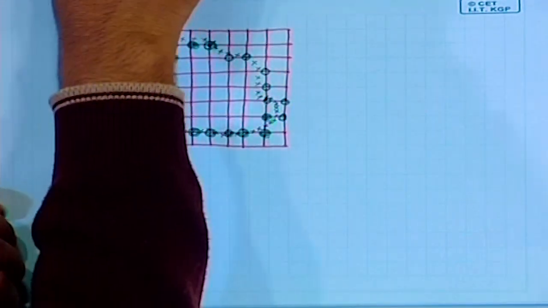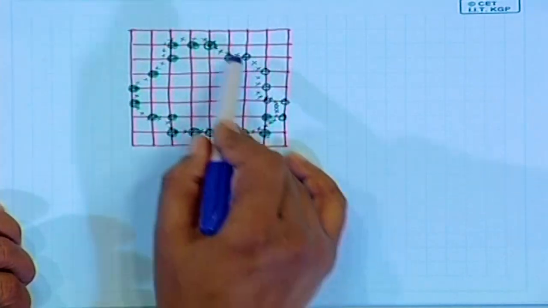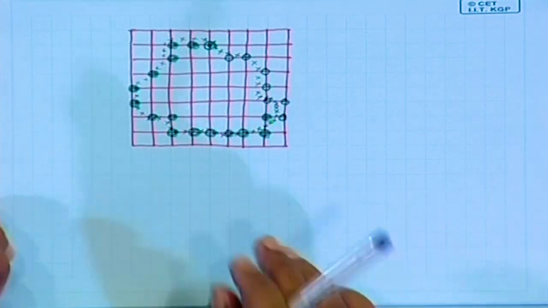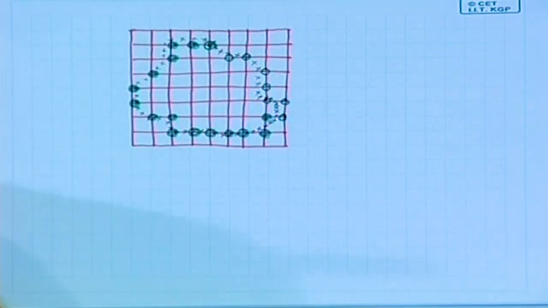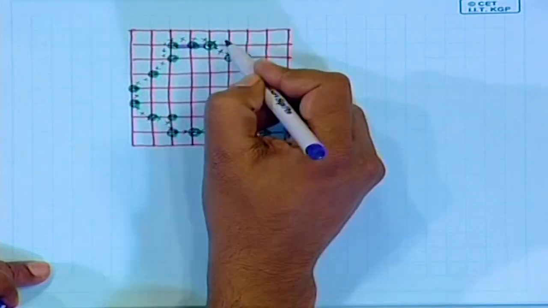Now, I can form an approximate boundary of the boundary represented by my initial set of boundary pixels by these grid points. So, my boundary now will be this.